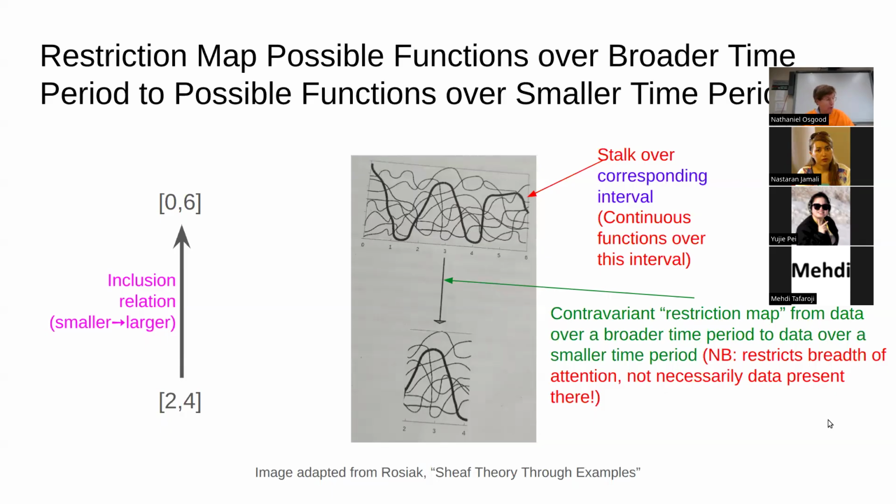The first example is example 55 in the book, where Daniel Rosiak is relating continuous functions, indeed, over a broader period, to continuous functions over a shorter period. And he introduces some of the core ideas underlying sheaves.